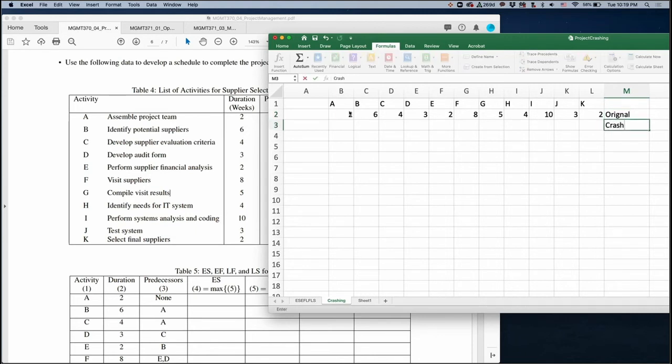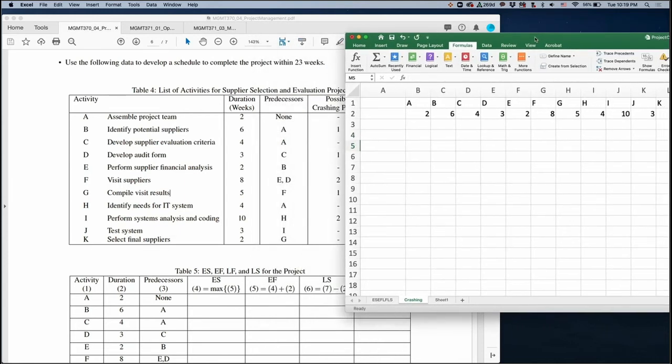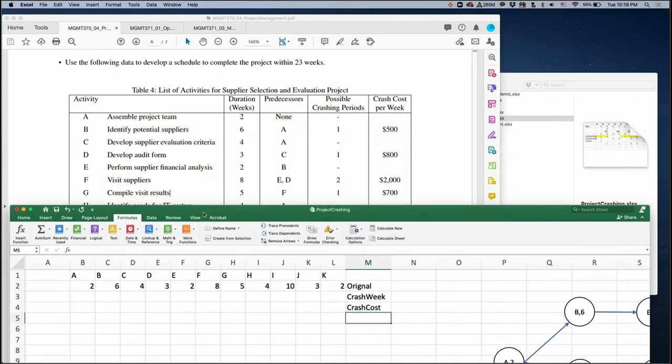For B, crash cost is 500. D, crash cost is 800. And F, crash cost 2000. And G, crash cost 700. I, 300. We have those crashing costs.